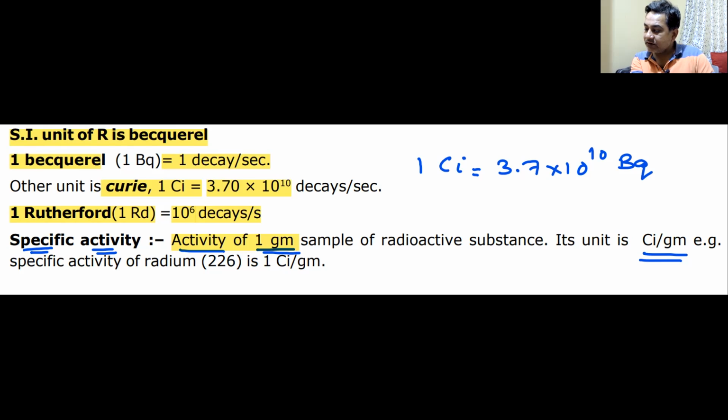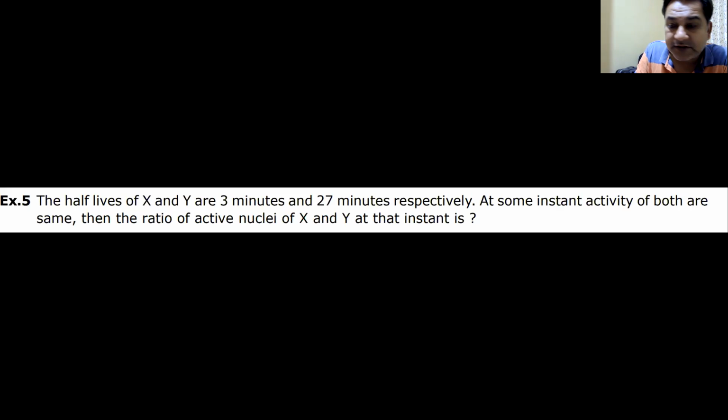Now, the question that comes to you is this, and we are going to solve this question first. The half-lives of X and Y. X is one nucleus, Y is another nucleus.